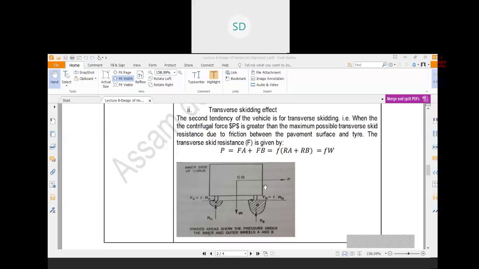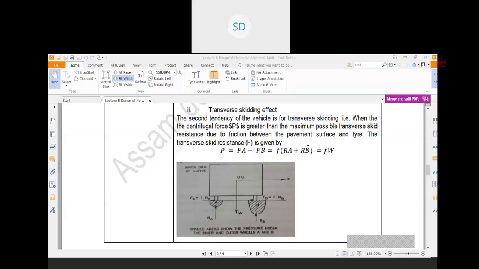So this is your centrifugal force which is acting outwards. This centrifugal force is resisted by your RA and RB. So you can directly write P equal to Fa plus Fb, that is f into RA plus RB.